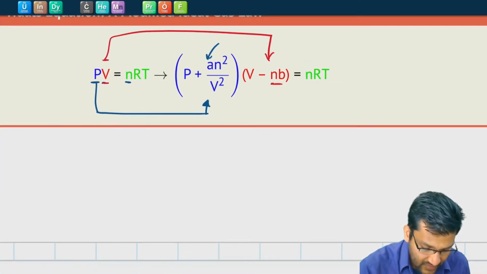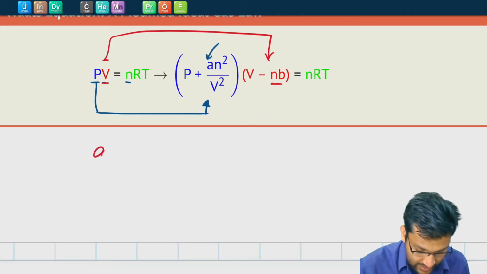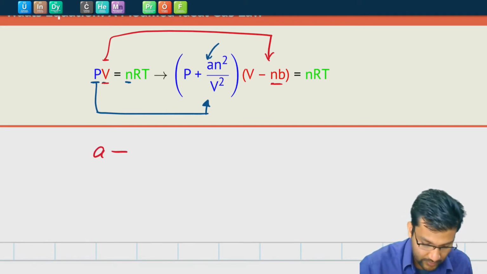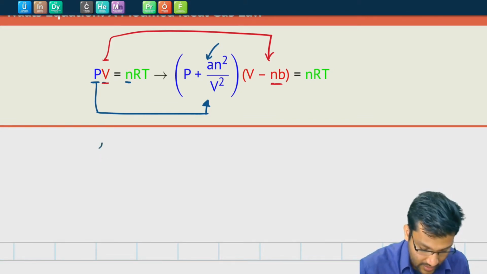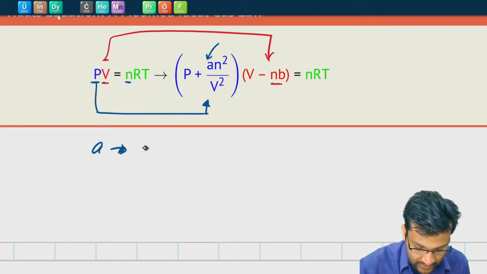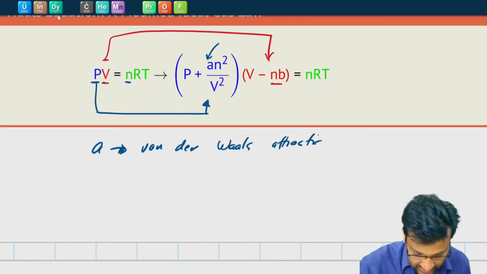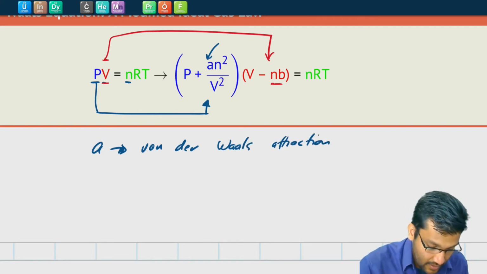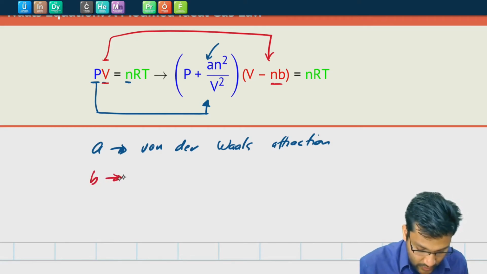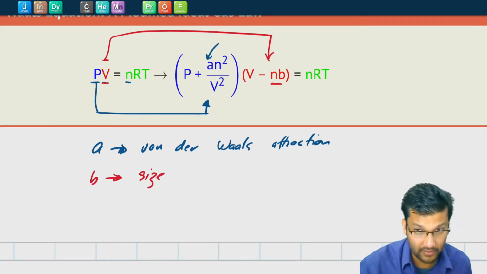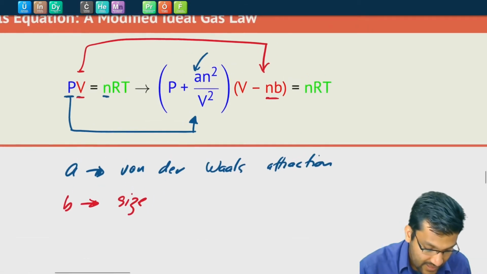So I'll just write that here. A is not red, I want A in blue because that's what it's in. A is somewhat related to the van der Waals attraction, mostly. There's other stuff in there. And B is somewhat related to the size of the particle, mostly. So that's how we change the pressure.